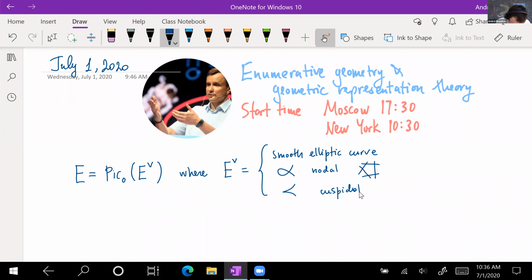In which case E will look like a smooth elliptic curve.